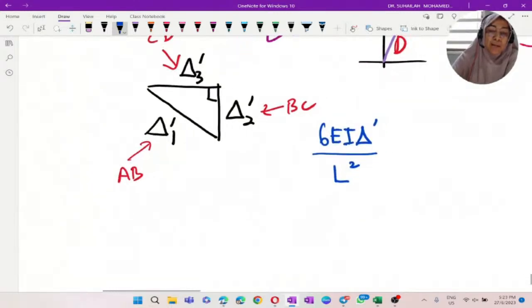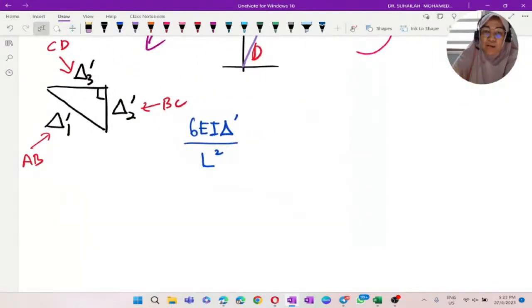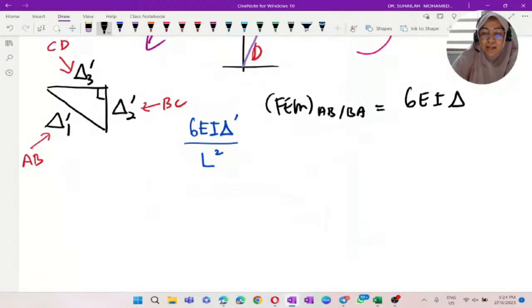So when we analyze FEM later on, we will apply all of this into the formula. The formula to calculate FEM for member AB, which is equivalent to BA, is 6EI delta 1 prime over L squared. This is 5 squared.